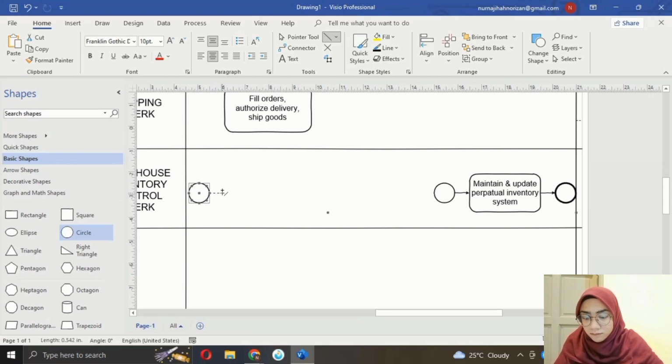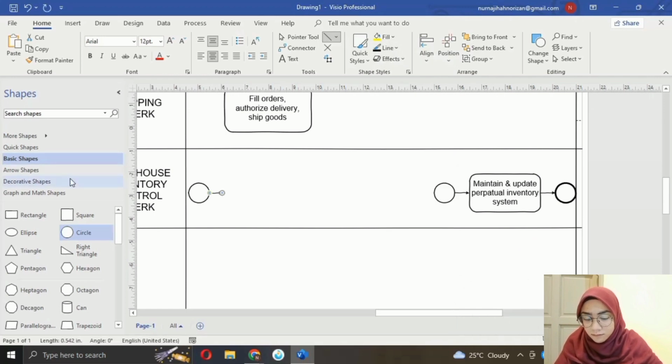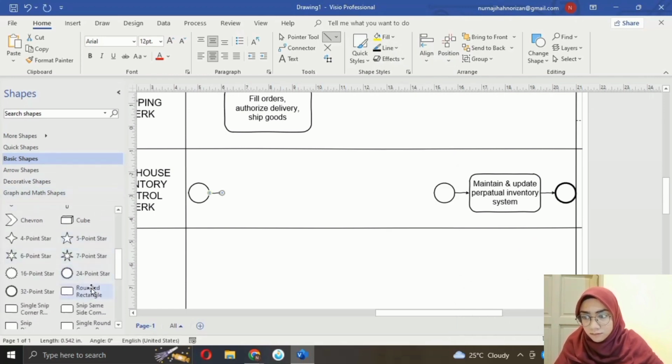So we start with a small circle to show the starting and continue with an arrow to show the flow, and use a rectangle to make an explanation inside the rectangle.